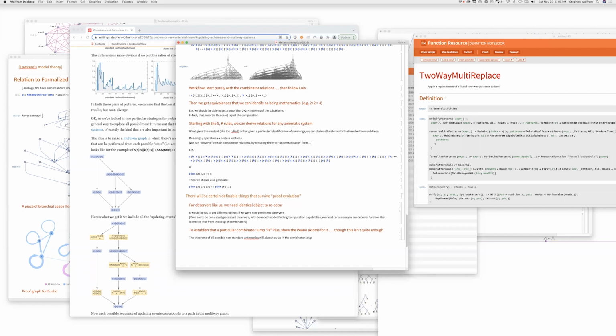So we could have a different identification for plus in the combinator soup. So we would actually have different classes, like on integers and on real numbers. How would they identify those?